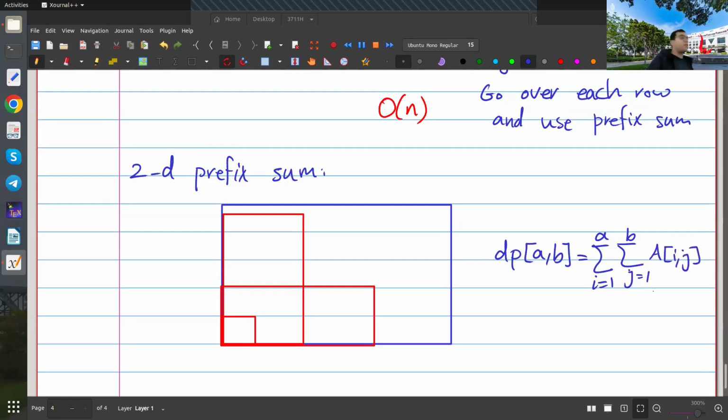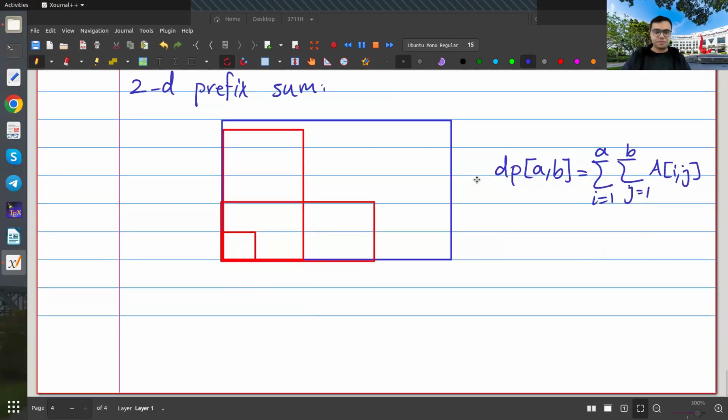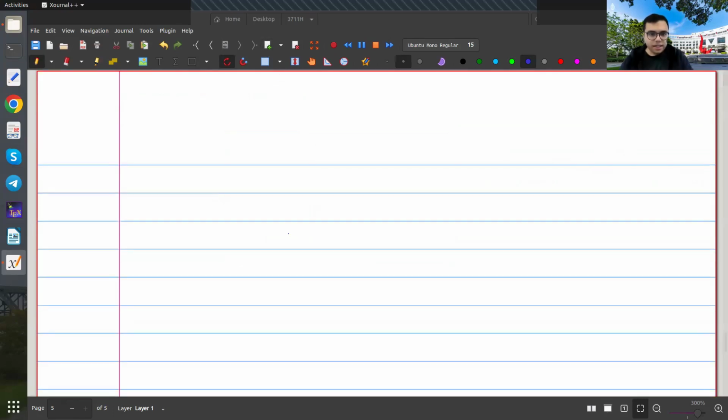That's what I want, but of course I don't want to calculate it like this, because if I calculate it naively, I'm going to actually spend n to the power of 4 time, right? So I want to calculate this dp in a better way. Now, how can I calculate it in a better way? So let's say I want dp of AB.